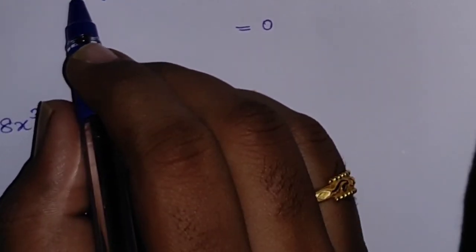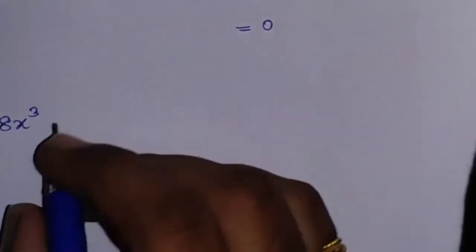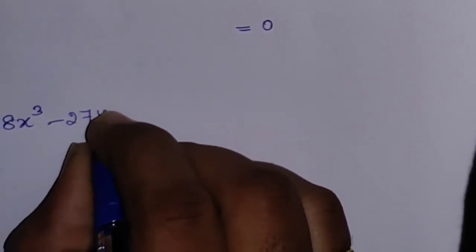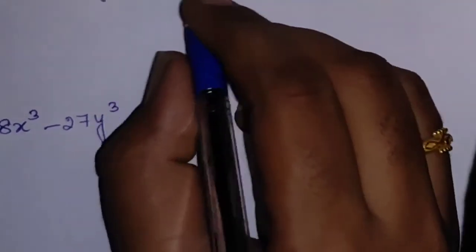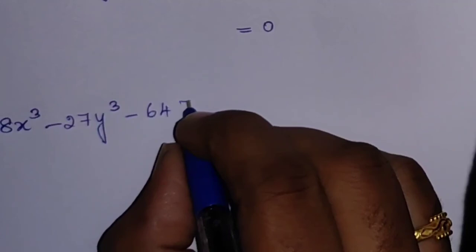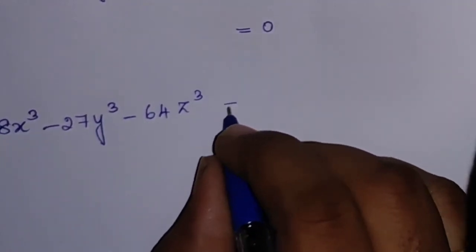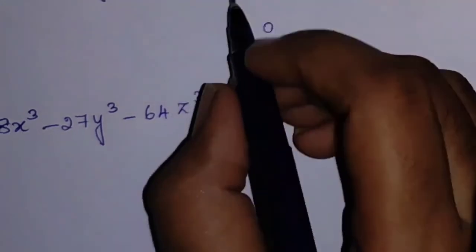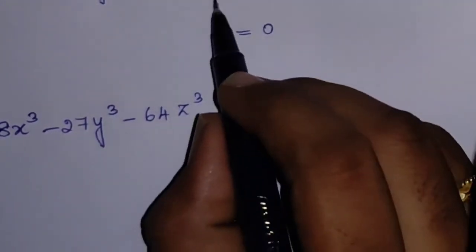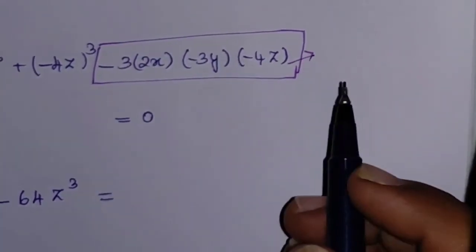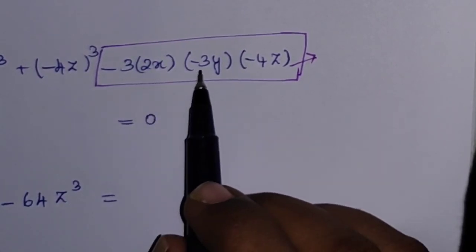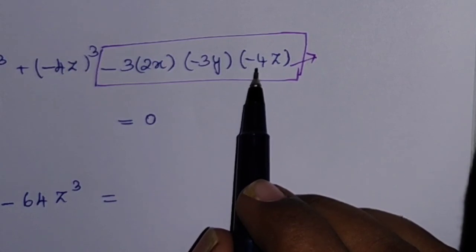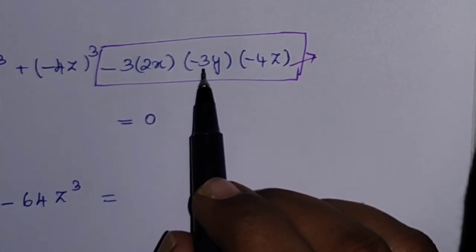Since a minus sign is there, minus 27y cube. 4 cube is 64, and with the minus sign, minus 64z cube. Then, 3 twos are 6, 6 fours are 24, 24 into 3 will be 72.